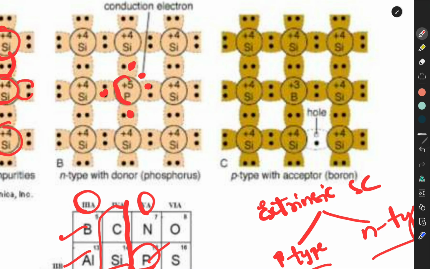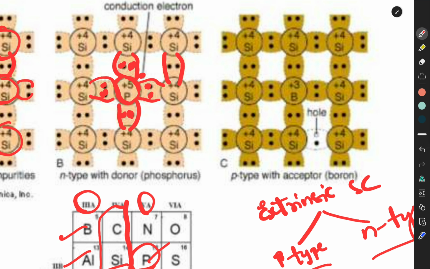When phosphorus is added to silicon as an impurity, as it has 5 outermost electrons or valence electrons, 4 will be shared with the nearest silicon atoms. This electron is shared with this atom, this with this one, and this with this one; silicon and phosphorus are sharing their electrons in this way.